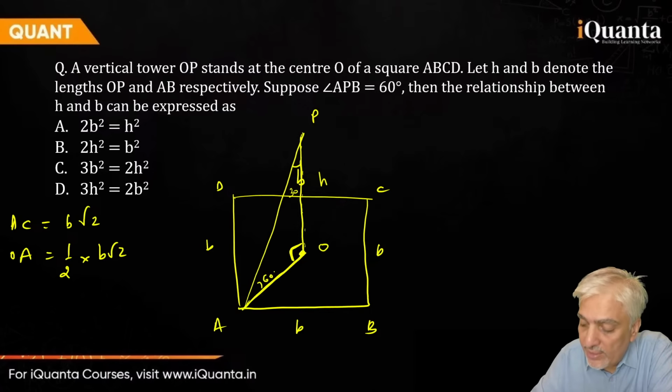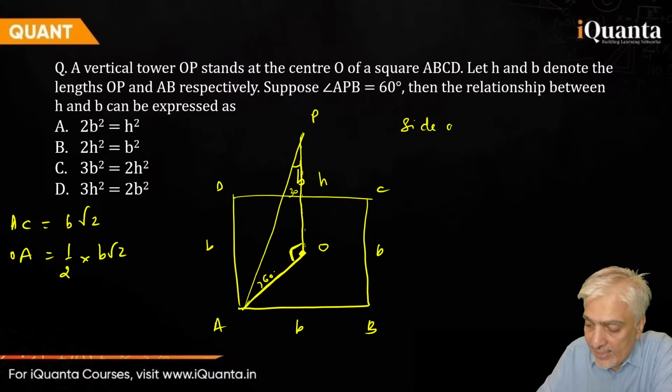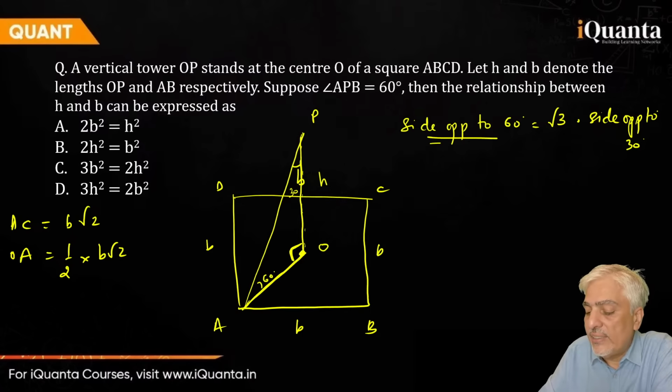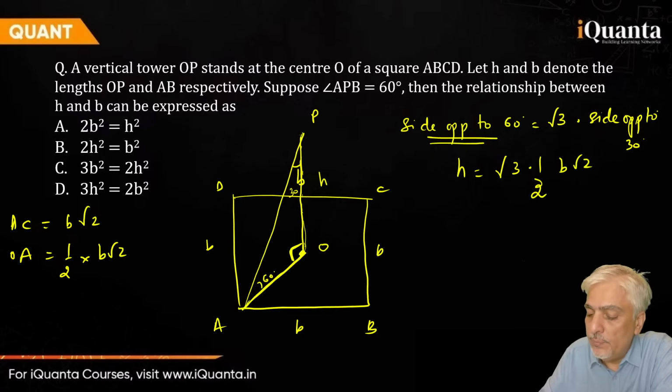Side opposite to 60 degrees is root 3 times side opposite to 30 degrees. So how much is side opposite to 60 degrees? The height is root 3 times 1 upon 2 B root 2.